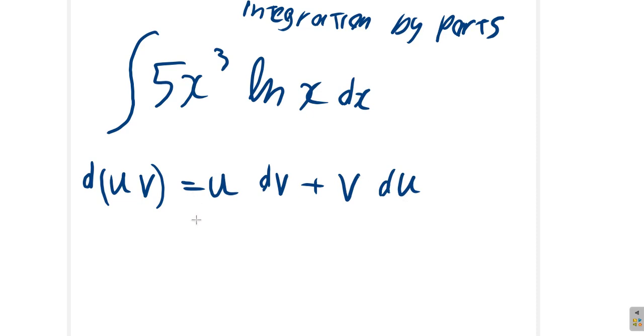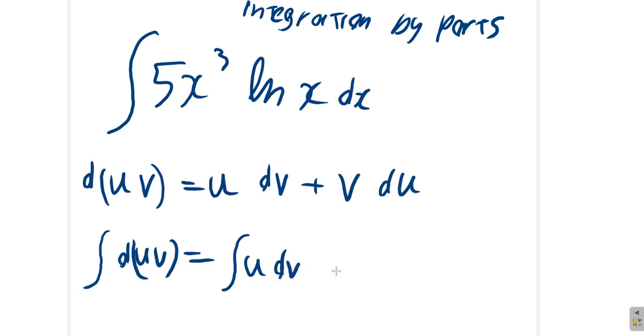Now, let's integrate them. The integral of d of uv equals the integral of u dv plus the integral of v du.